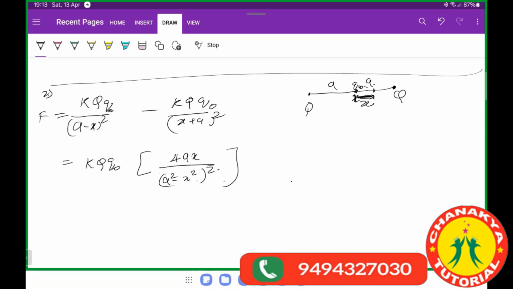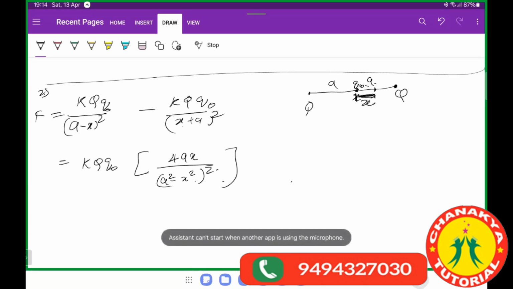I'm just splitting this term, a square minus this one. And this one I'm multiplying and dividing by 4ax to make these things common. Okay, that's a simple term.